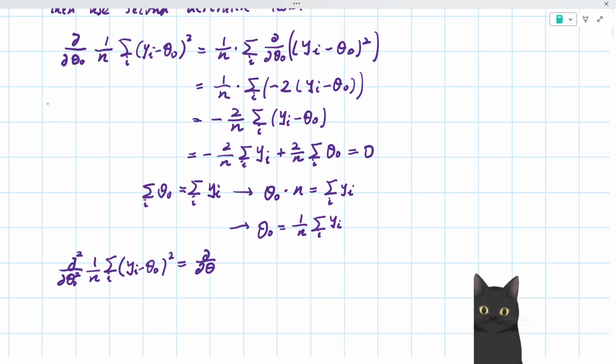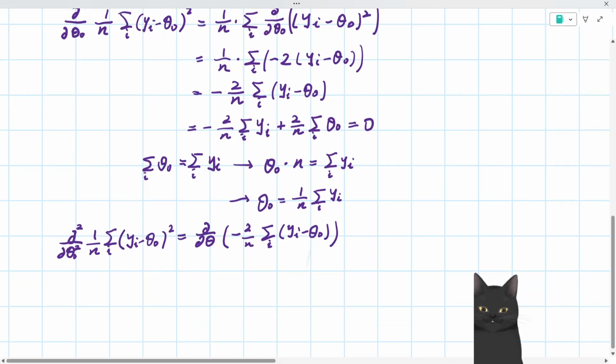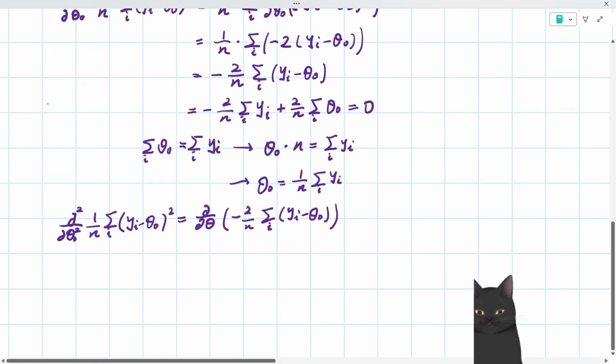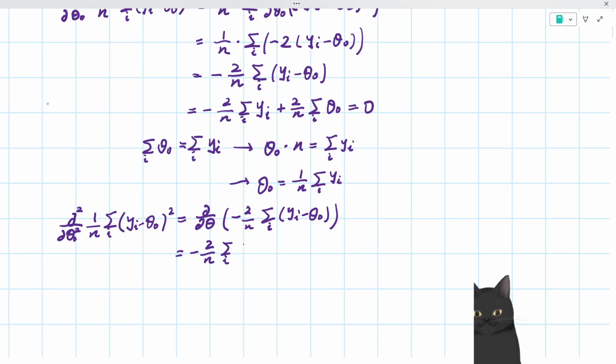The first order derivative is equal to negative 2 over n times the sum over i of (yi minus theta naught). If we take this derivative by putting the derivative into the sum, which makes everything easier to look at, then the derivative within the summation is equal to negative 1, because we're taking it with respect to theta naught.